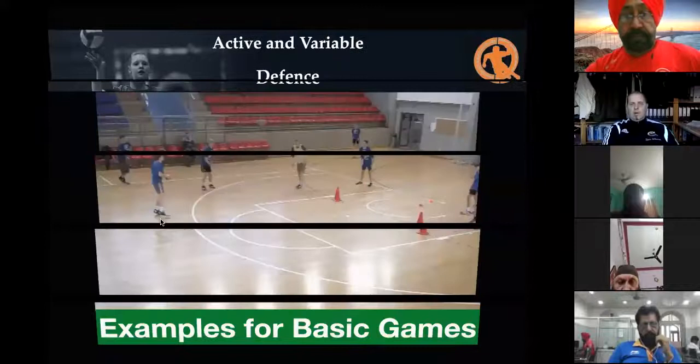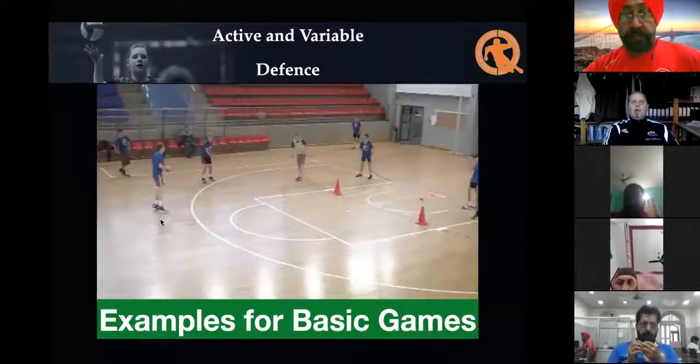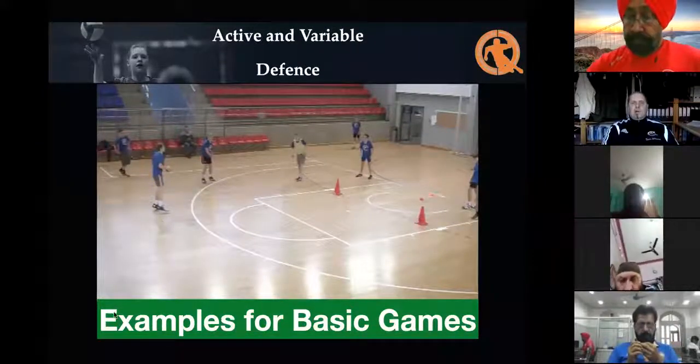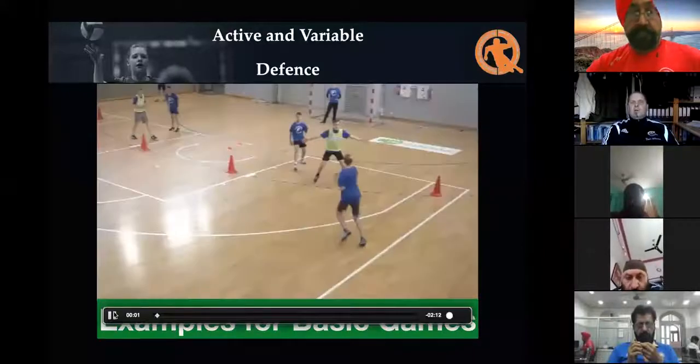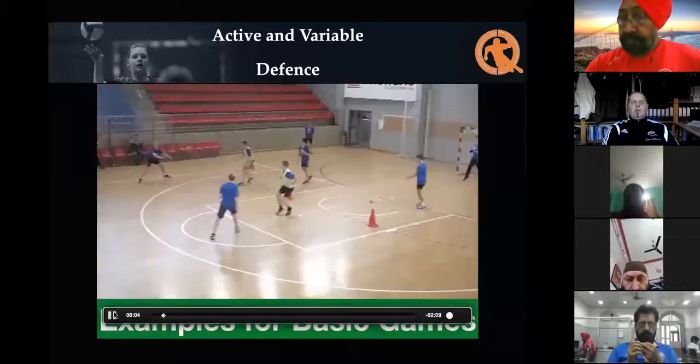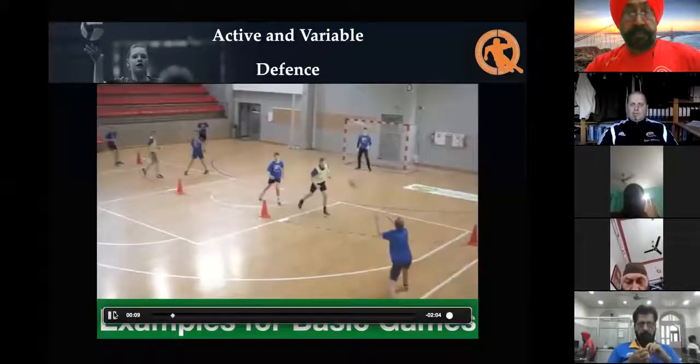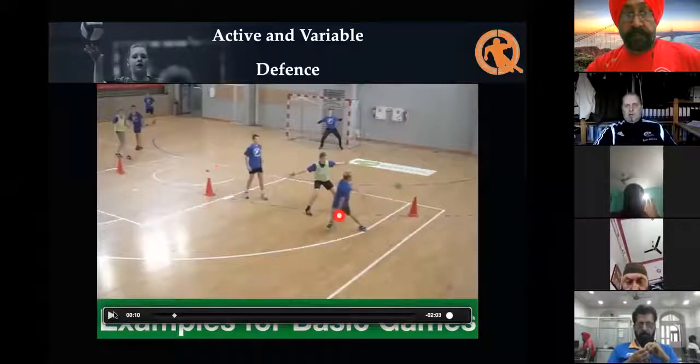Okay, the next one is now for the half positions. Now these are basic moves, we know them from 3-1 defense. The situation we have here is right back against half left defender, and same on the other side.